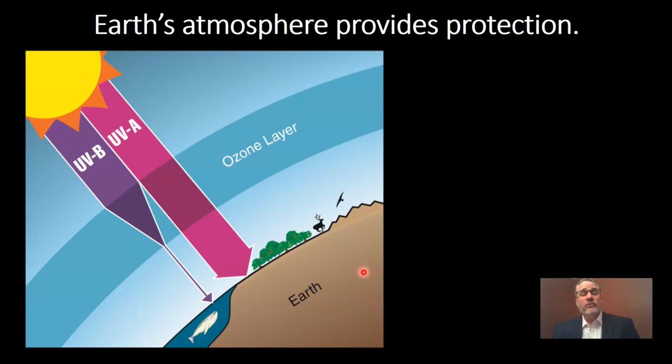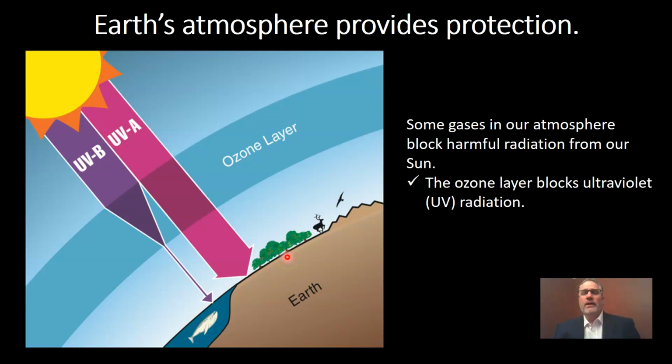Earth's atmosphere, in addition to being breathable, also provides us with protection. We have a particular layer, shown here as relatively thick, but it's really a relatively thin layer, called the ozone layer. The ozone layer helps protect Earth.